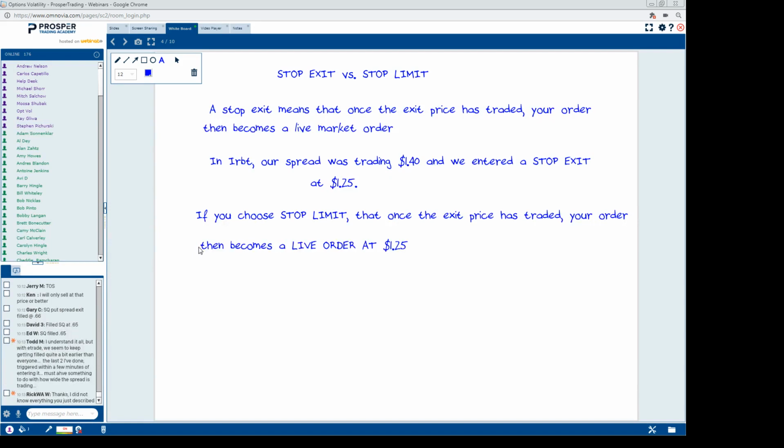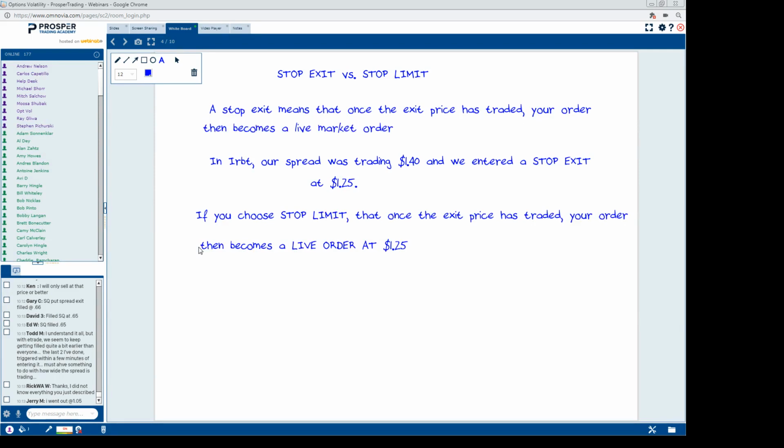Now, why do I choose stop rather than stop limit? Because my theory is, and it doesn't mean it is the right theory, this is just my personal opinion, that if I want to get out of a trade, right, if I'm using the stop in there as protection, I'm using it for a reason.